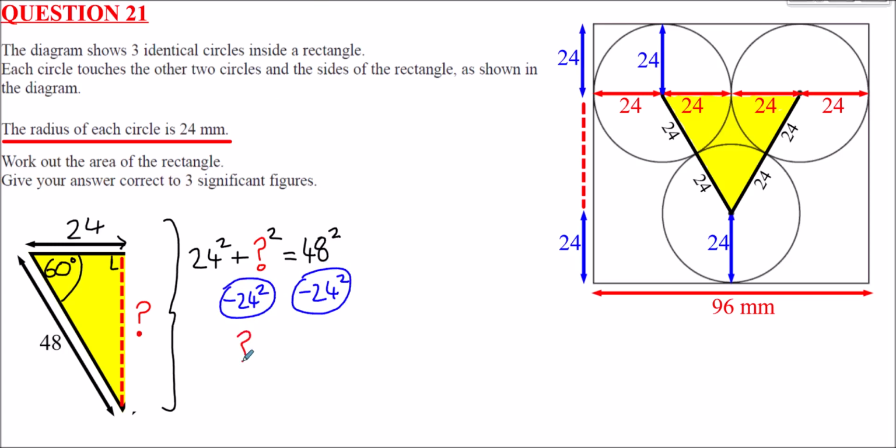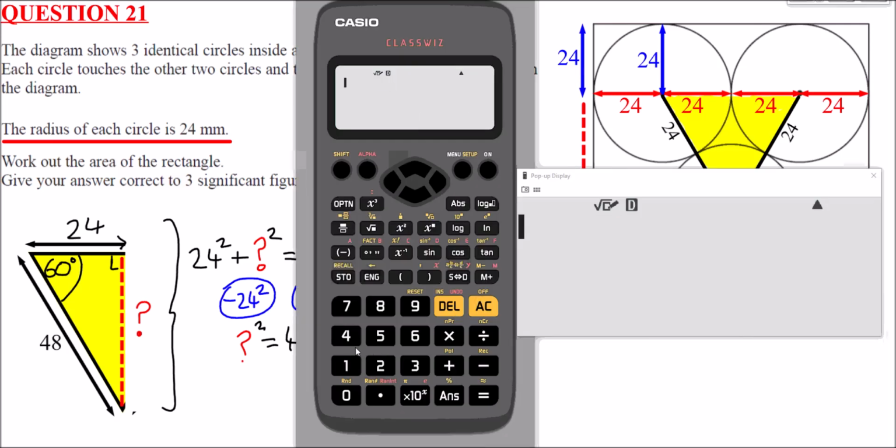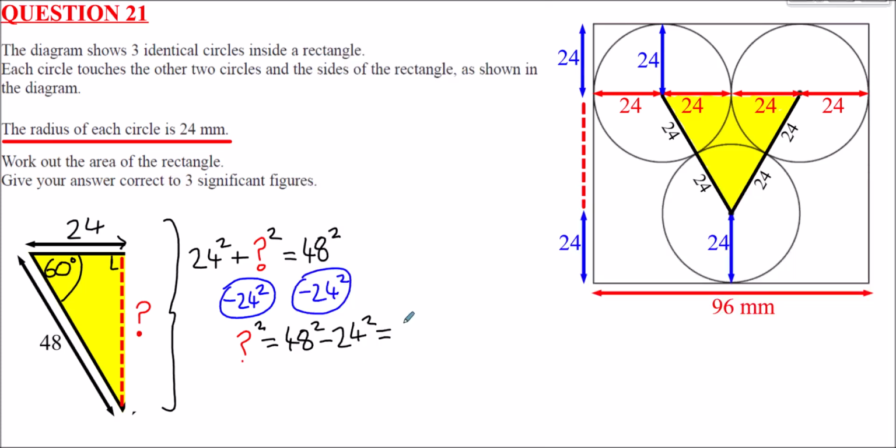So the question mark, the side I'm trying to find, all squared, is going to be 48 squared minus 24 squared. If you want to, you can work this out now. So 48 squared minus 24 squared gives us an answer of 1728. So therefore, this side here, the question mark, is going to be the square root of all of that.